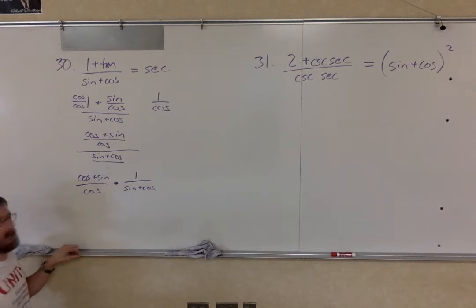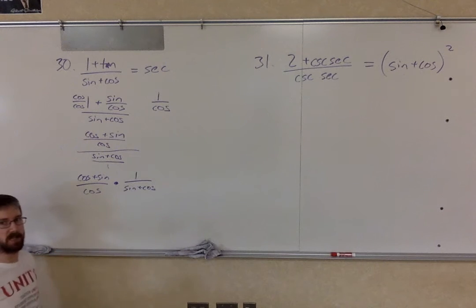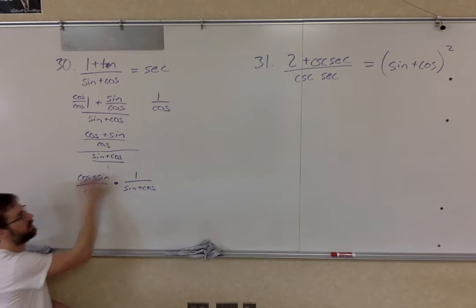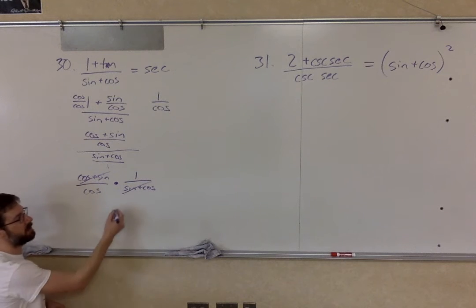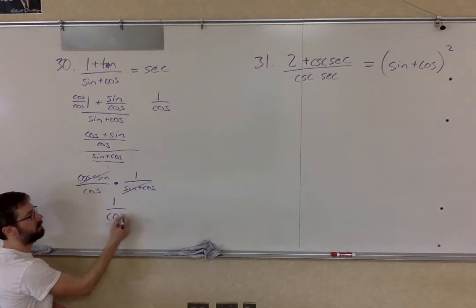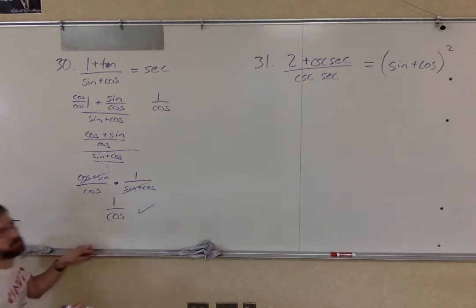Now we're going to do some canceling. Cosine plus sine and sine plus cosine are the same thing. It doesn't matter which order you do them in, right? 1 plus 2 and 2 plus 1 are the same thing. So I can cancel those, and then look at that. 1 over cosine. Boom, done.